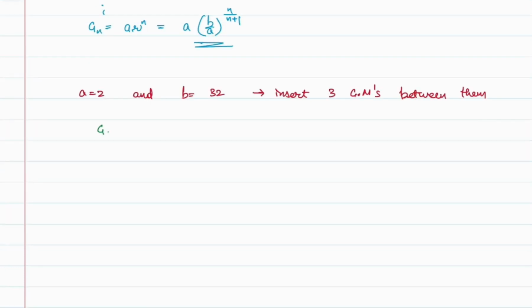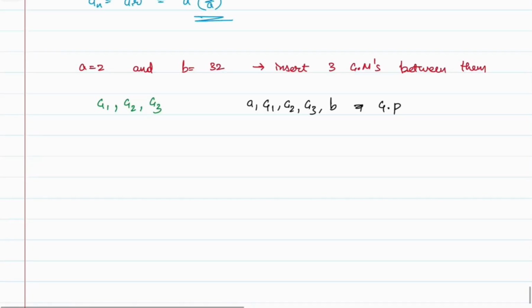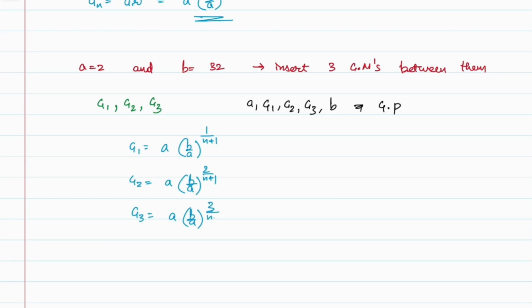Suppose the 3 geometric means are g1, g2, g3. Then when we take the sequence a, g1, g2, g3, b, this should be a GP, right? Now let's directly use the formula, that is g1 equal to a into (b by a) power 1 by n plus 1, and g2 is equal to a into (b by a) power 2 by n plus 1, and finally g3 will be equal to a into (b by a) power 3 by n plus 1.